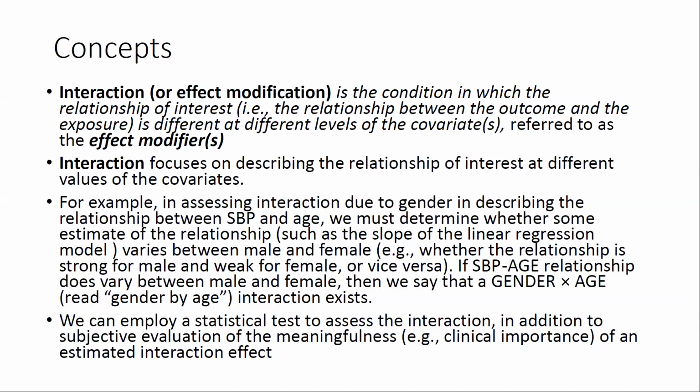So interaction focuses on describing the relationship of interest at different values of the covariate. Remember, this is different from the definition of confounding. Confounding is about seeing that with and without adjustment for a covariate, the effect between exposure and the outcome will change significantly.